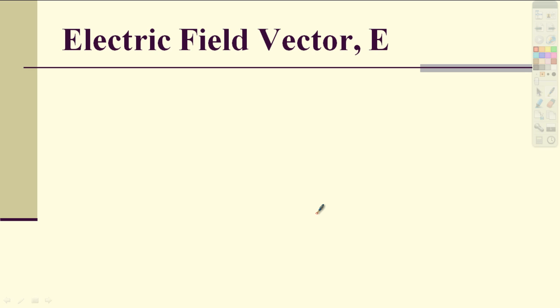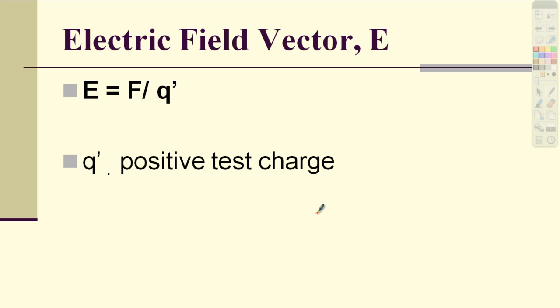So electric field is a vector quantity represented by a big E. And here's our first equation. E equals the force divided by Q prime, the positive test charge. Q prime is always positive. For a test charge, we always use a positive charge.